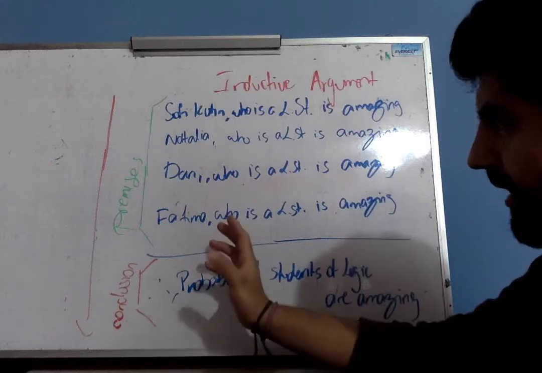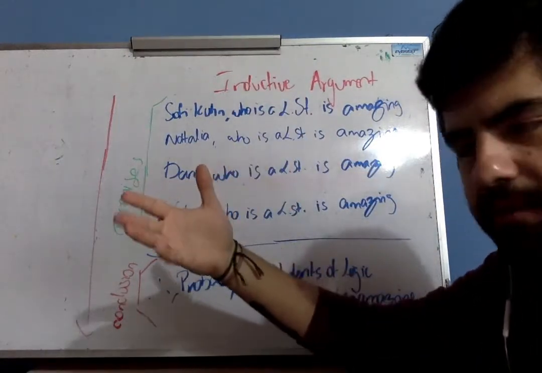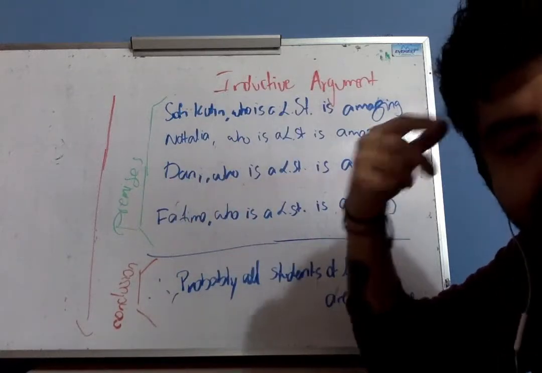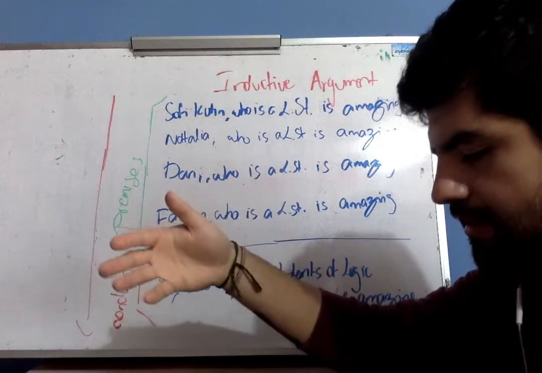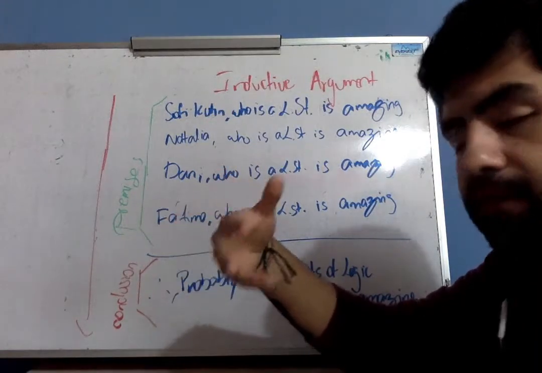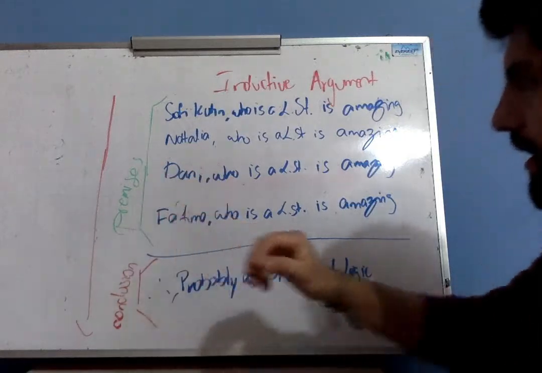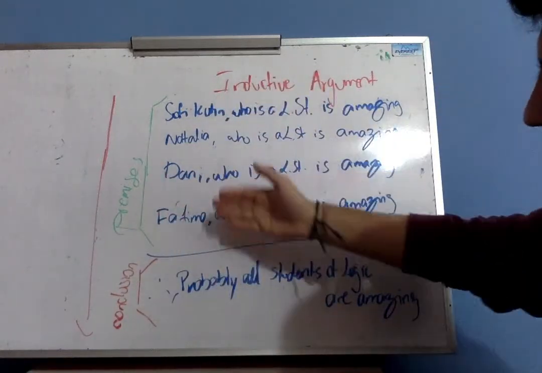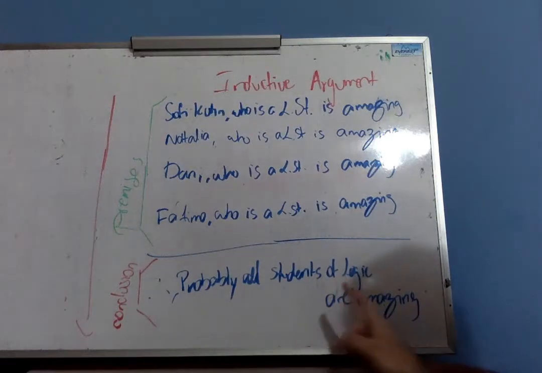As you can see in this case, I added more premises. Yes, we can have more than two premises. The normal ones that we are going to see in the next topics, the categorical syllogisms, only have two premises, but we can have more premises. So these are the premises, and the conclusion is therefore probably all the students of logic are amazing.